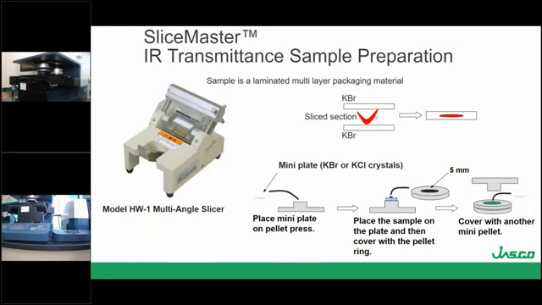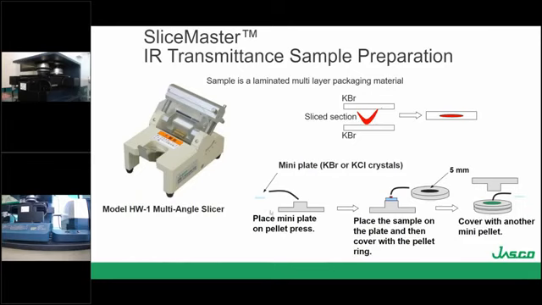When the slice is cut, then it's placed between two KBr windows, and then they are pressed. Since potassium bromide, or we usually call it just KBr, is transparent to the IR radiation, when the beam goes through the sample, what we are going to be measuring is only our sample.